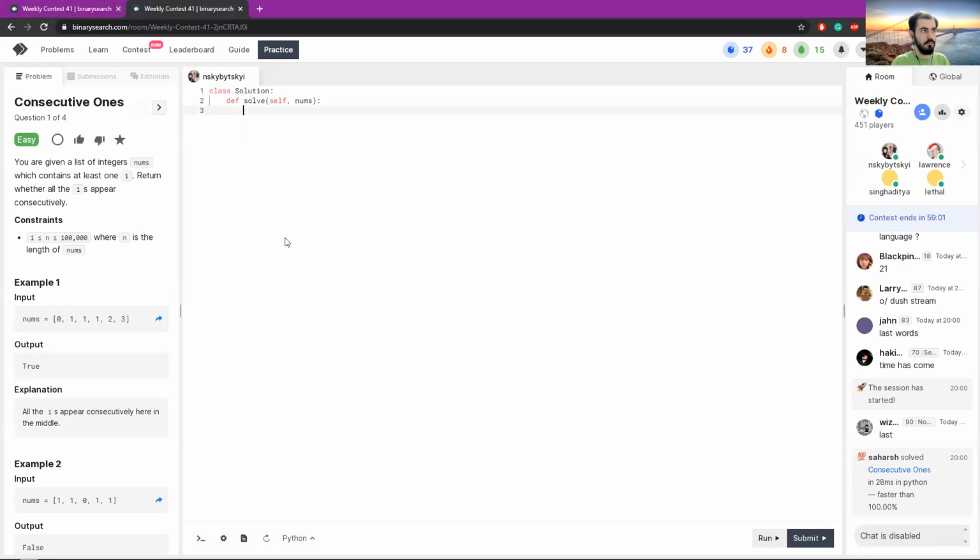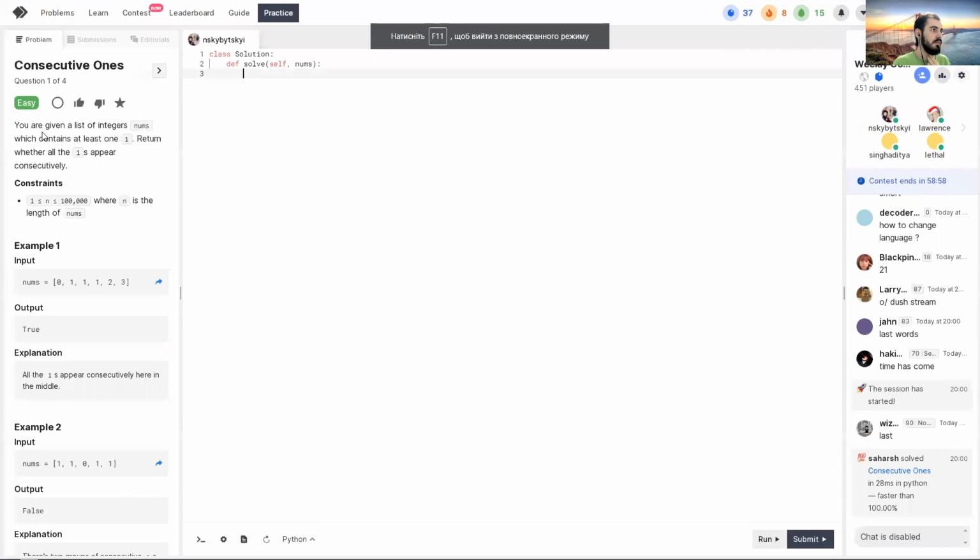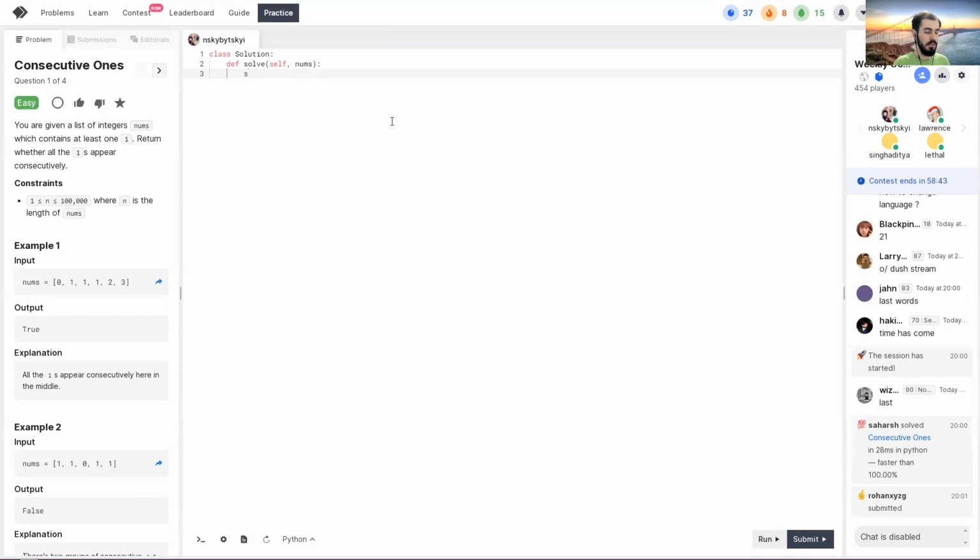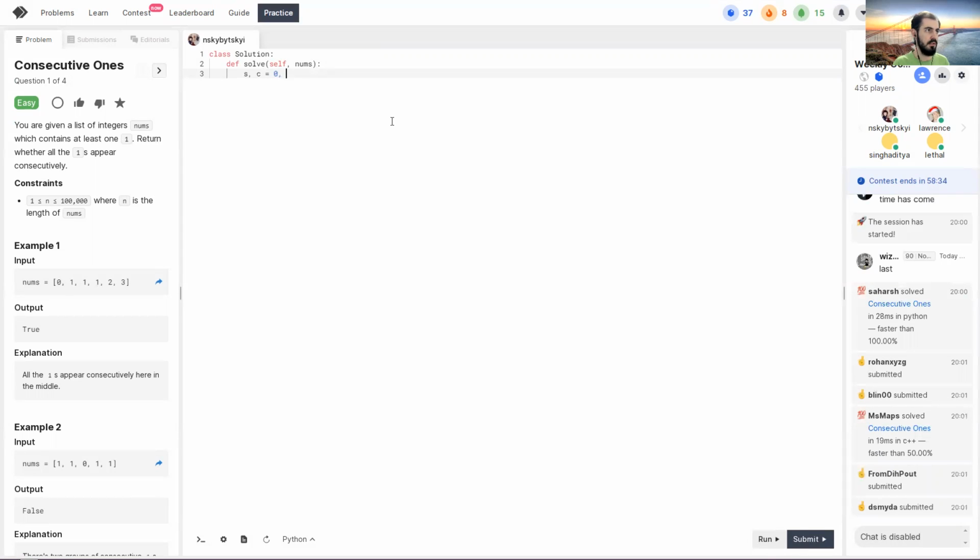Okay. Consecutive ones: we're given a list of integers, containing at least one, and we return whether the ones appear consecutively. Let's count segments of ones, and also track the current number. The initial number is, I don't know, nums[0].